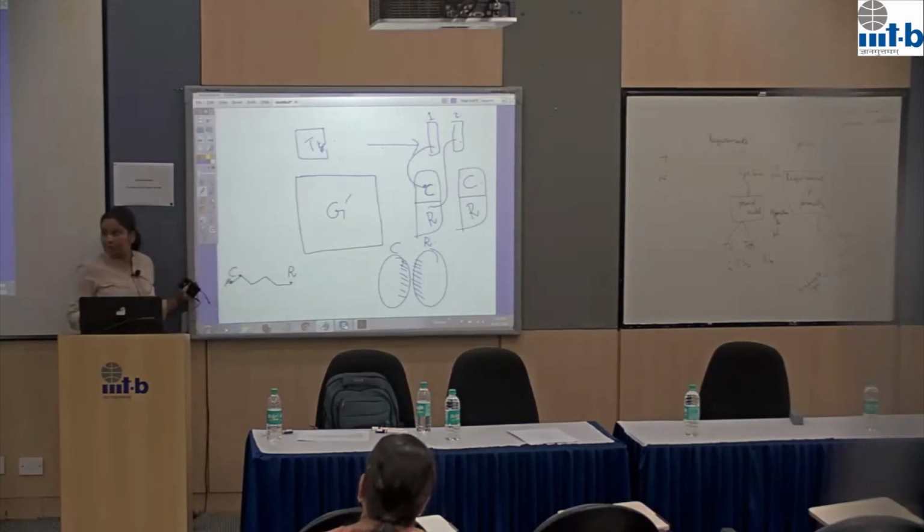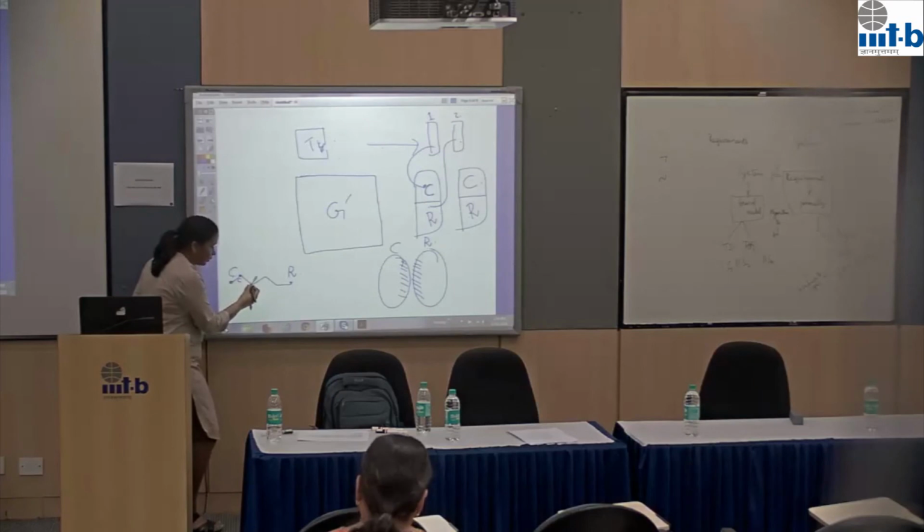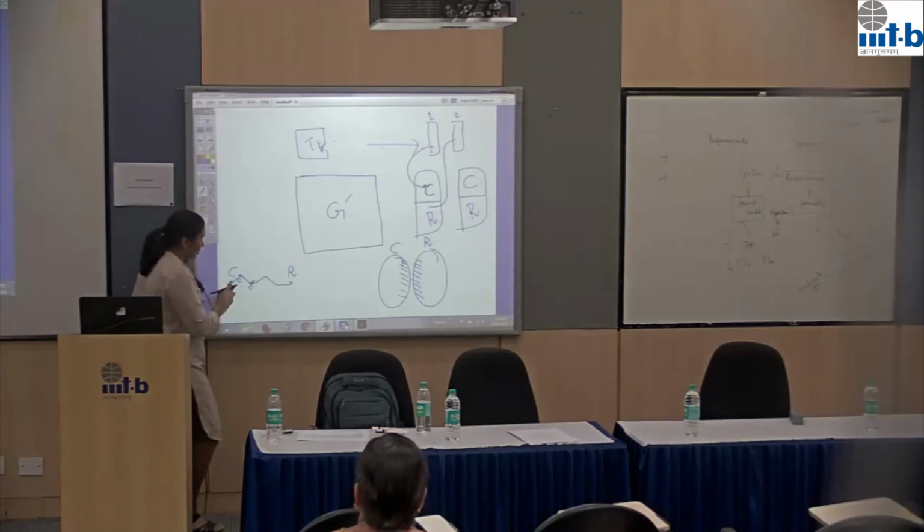That needs to be changed, right? So that means this also should be a C vertex. Now, if this is a C vertex, what is this? This is also a C vertex, right? So, is there any way, like, what happens when you reach here?